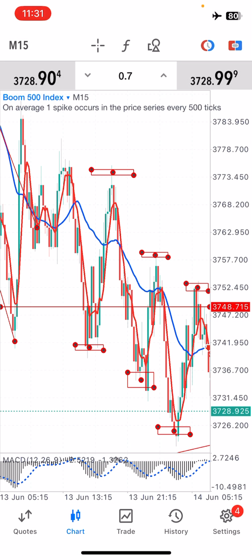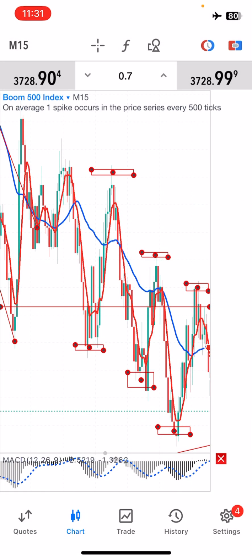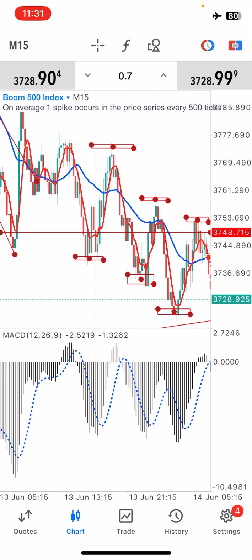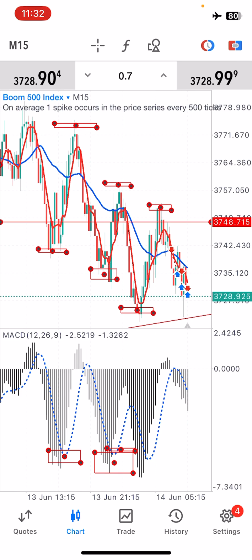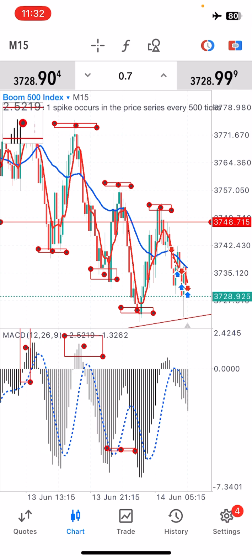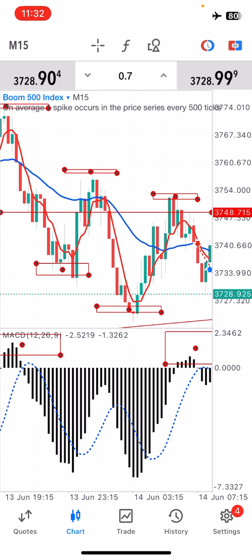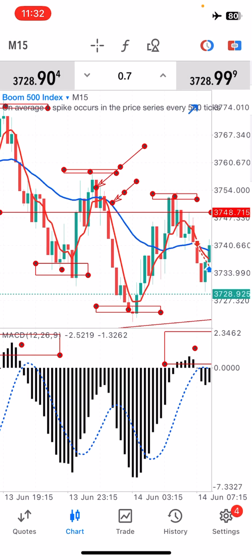I'm trying to get my MACD back up, and I'm failing to do that. You see what I was talking about? All these peaks are translating. Even at the top, we had the same situation, which meant that we could catch spikes easily this morning, because every time we saw this peak, our red line was already crossing and we were already going down with it.